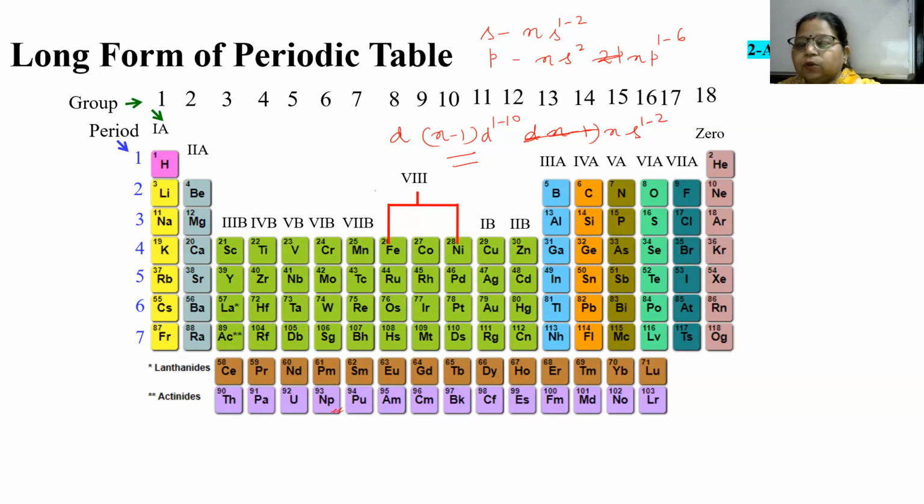One of the reasons which I can think of, again I'm saying it's not written anywhere, is that they resemble each other a lot in their properties. Iron, cobalt, nickel are very close to each other in their chemical properties. Probably that is the reason they are kept in the same group umbrella, that is group 8, right? So that is one information which was pending in the numbering of groups.